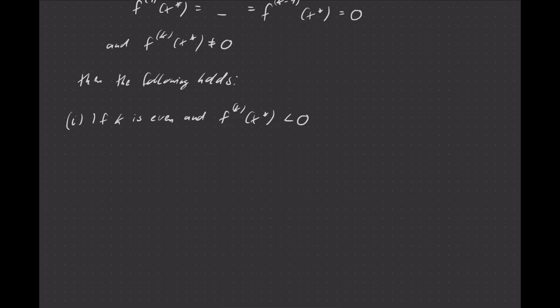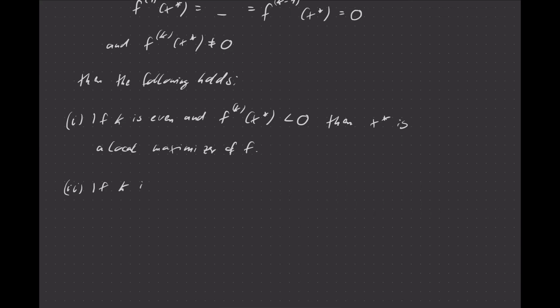Okay, that is this case here. So if k is even with negative kth order derivative, then x star is a local maximizer of f. Part 2, if k is even and the kth order derivative is positive, then we'll have a local minimizer.